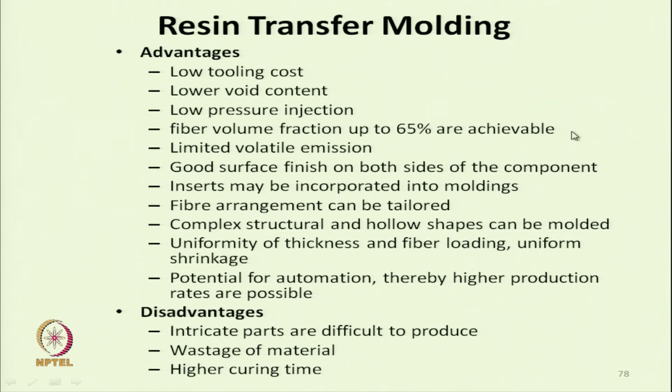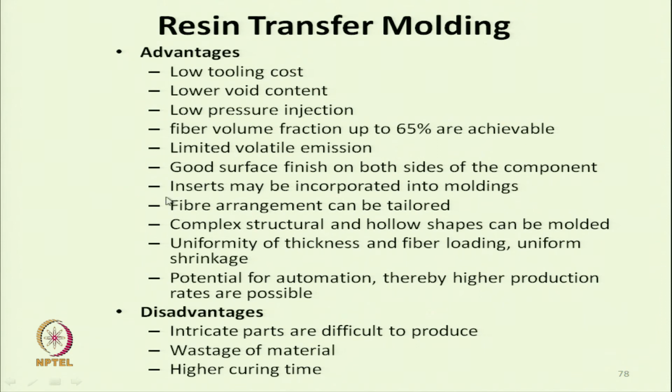So, high volume fraction can be achieved, as high as 65% volume fraction. Limited volatile emission, that is important compared to hand layup or open mold system, where the volatile emissions were there. So, RTM is environment friendly. Here good surface finish can be achieved on both the sides, because both the sides are covered.